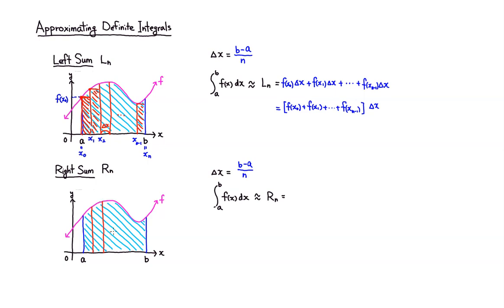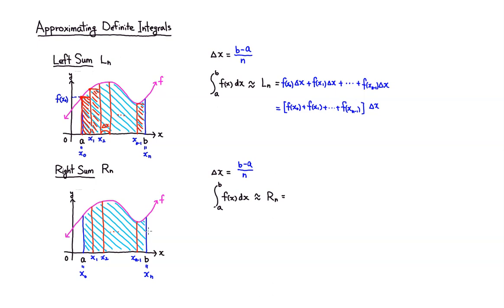Just keep doing that until the last piece. So the naming is the same. A is called x0. Next one is x1. Next one is x2. And the one before is xn minus 1. B is same as xn.